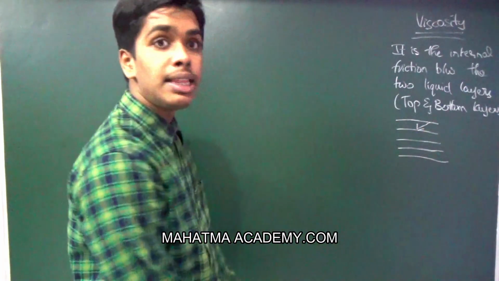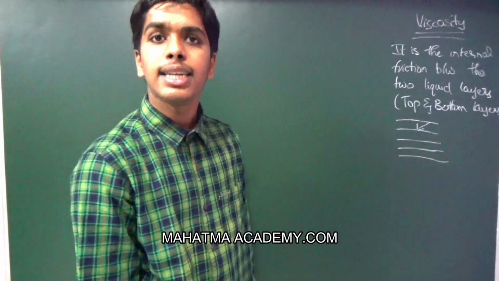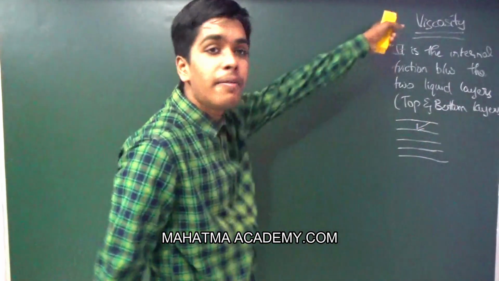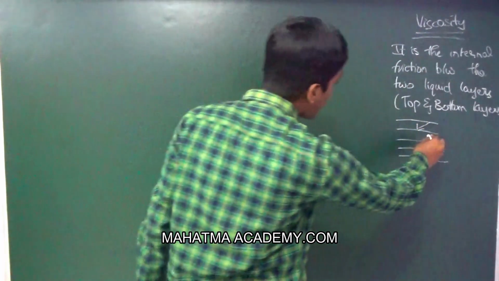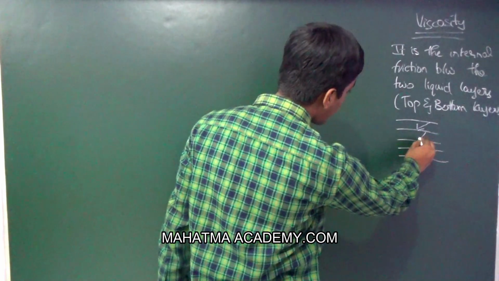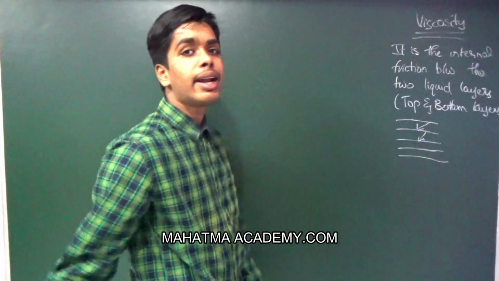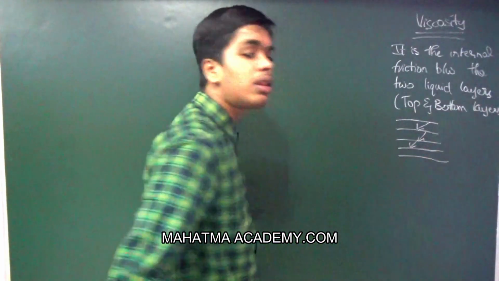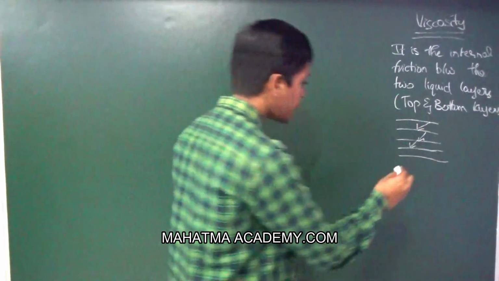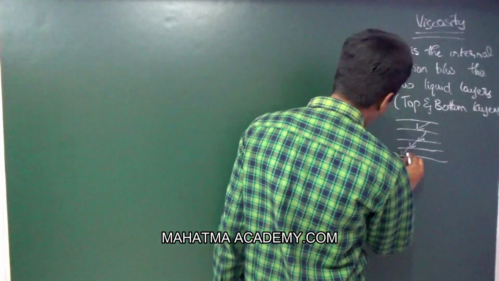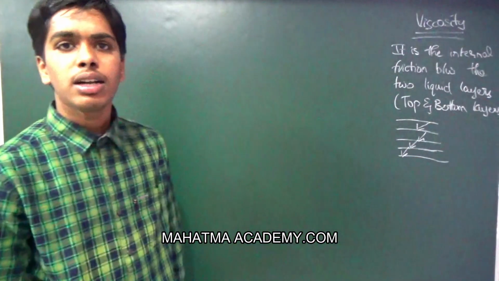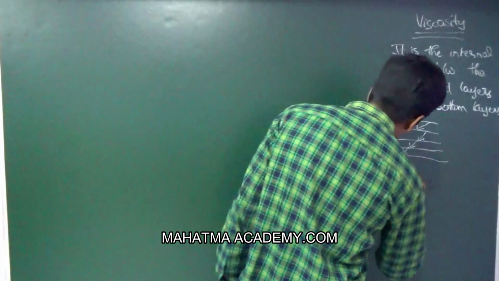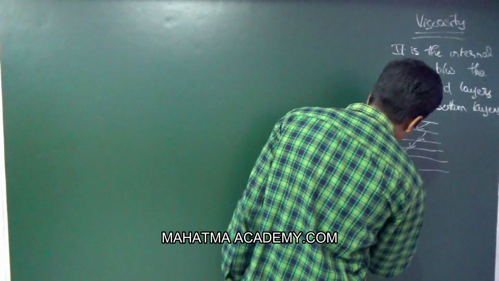That means the top layer exerts a force on the bottom layer, that is called viscous force, and the bottom layer exerts a force on the layer below it, and that layer exerts a force on the next layer below, and at last the liquid layers will become like this. We will see.